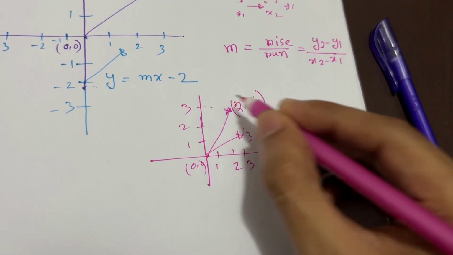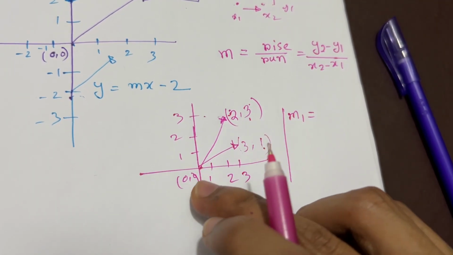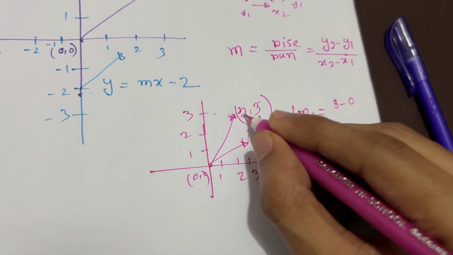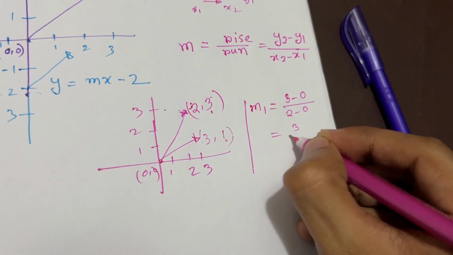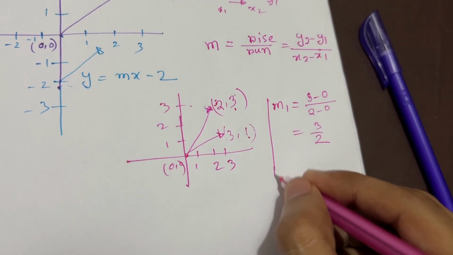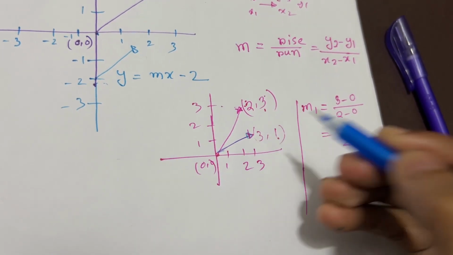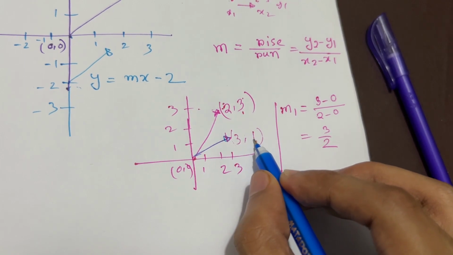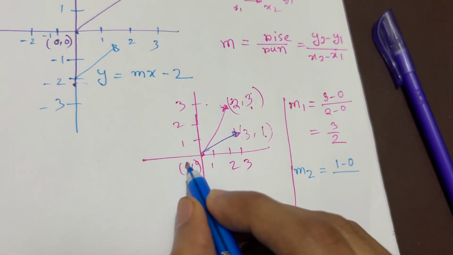So slope m1, suppose this one: y2 minus y1, so 3 minus 0, and x2 minus x1, which is 2 minus 0, which is 3 by 2. In case of m2, which is this one, its slope is 1 minus 0 divided by 3 minus 0.